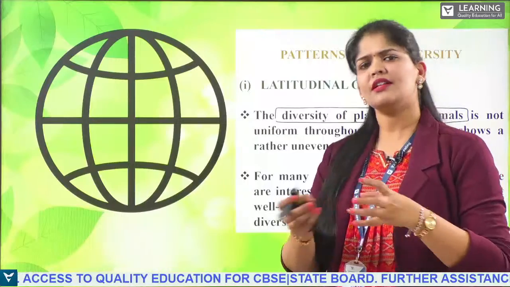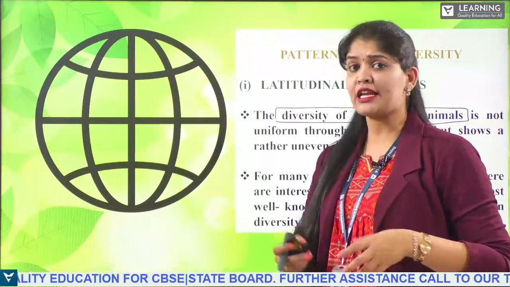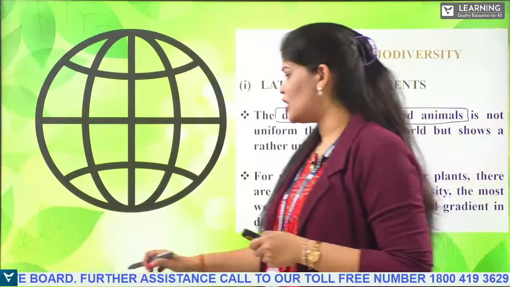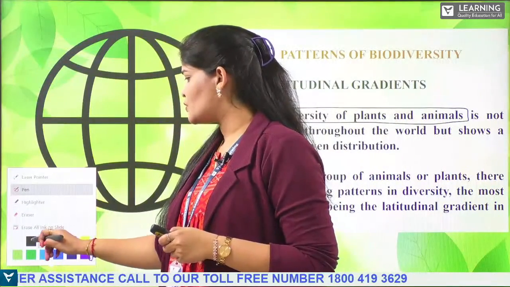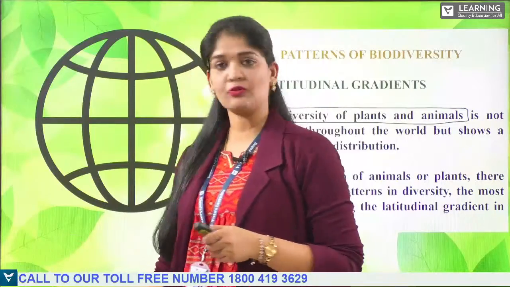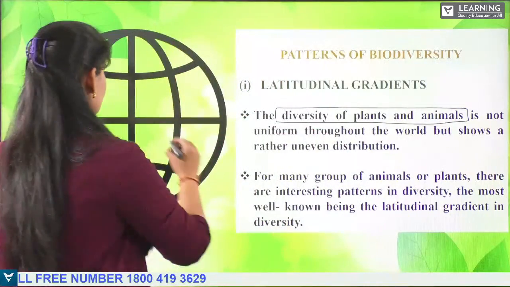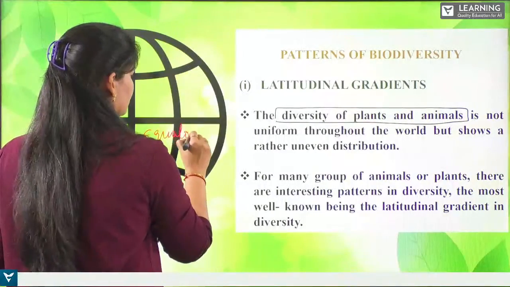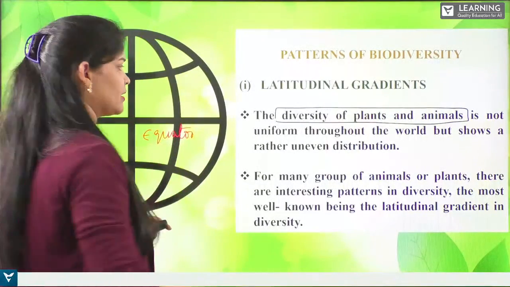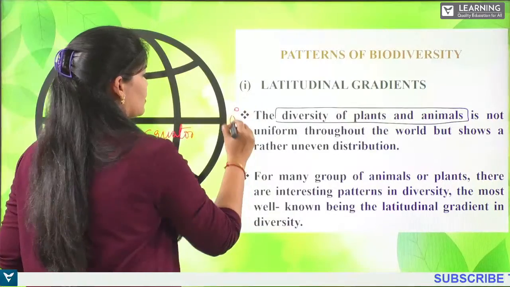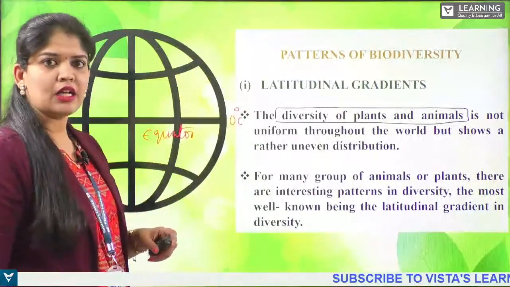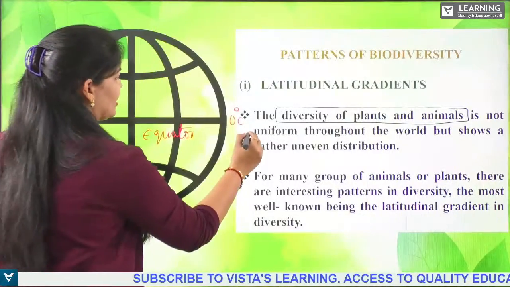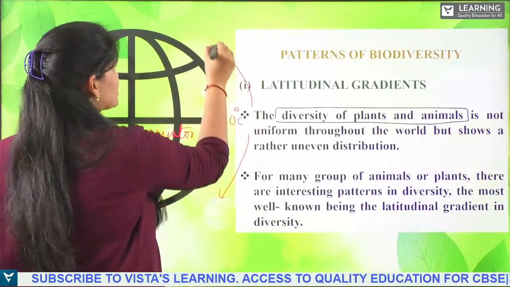Gradient is nothing but differentiation, difference, variation. So if you assume this as the earth, we can find the equator present in the center, which we already know. If we move to either side, we can find the poles.